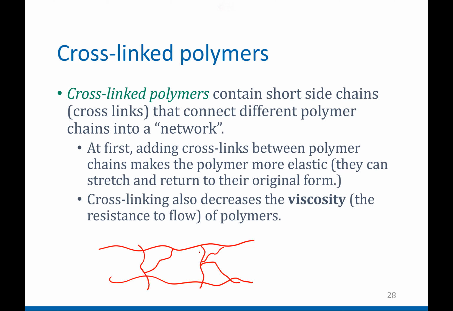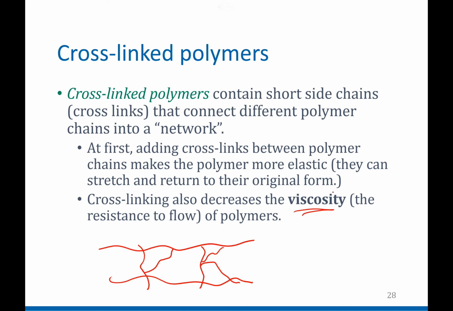It also decreases viscosity. That's the resistance to flow. In chemistry 2420, you'll learn a lot more about viscosity. But a good way to think about viscosity is the difference between honey and water.